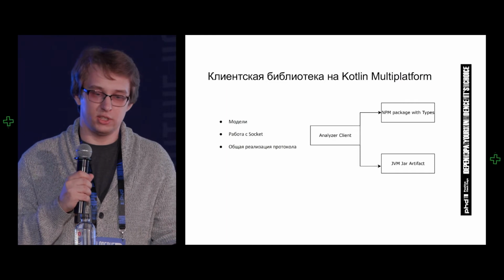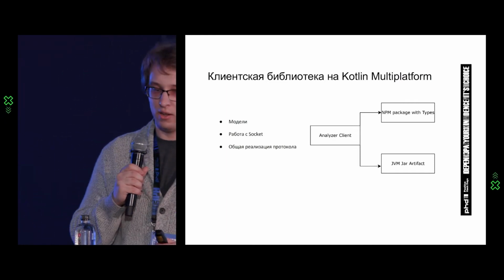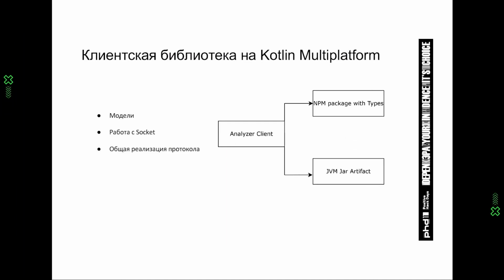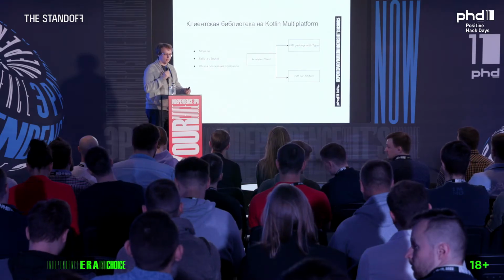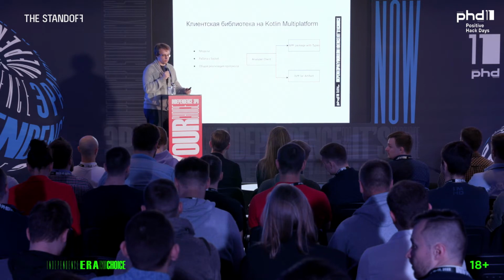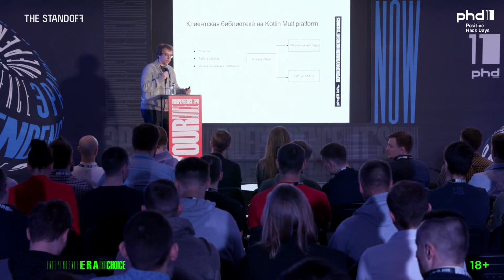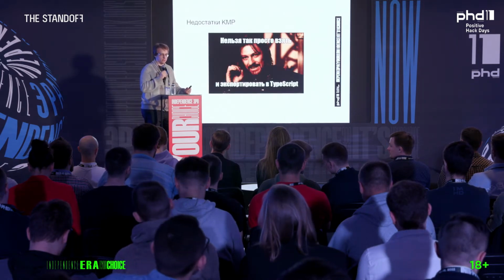And we can also do it for the JVM jar artifact using Kotlin. In this library, we have the models and the contracts for the protocol interaction we need, the socket usage principles, and some shared utilities which are used for both plugins. So this is a kind of a client library.